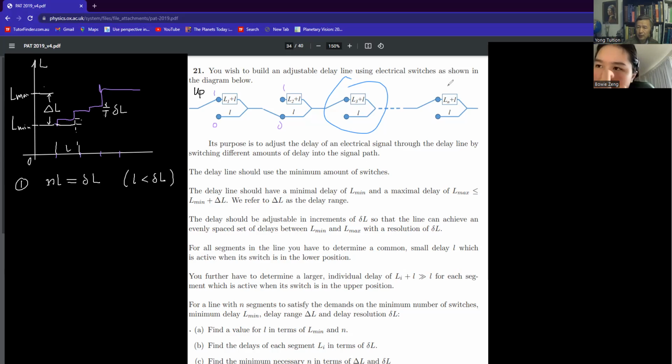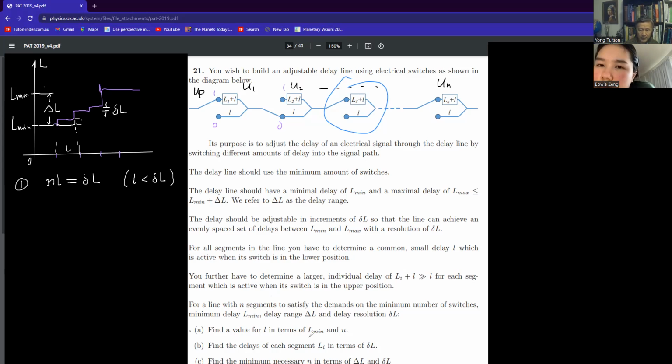You can call it the segment or unit. So this switch is made by different units. This is unit N, this is unit 1, unit 2, and so on. Do you agree? This is the first equation we can build.